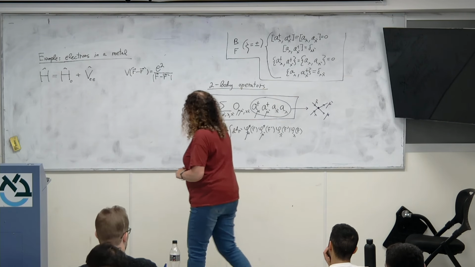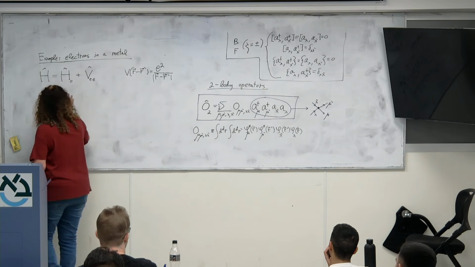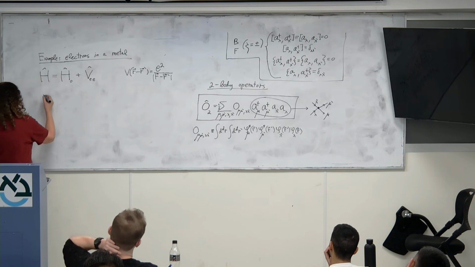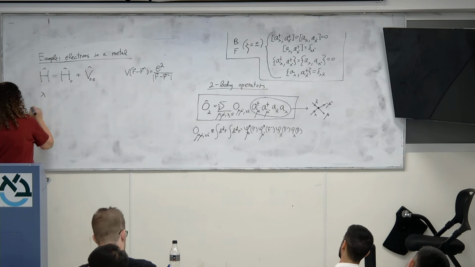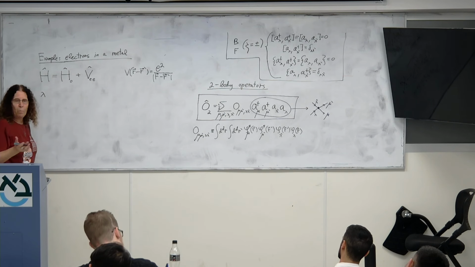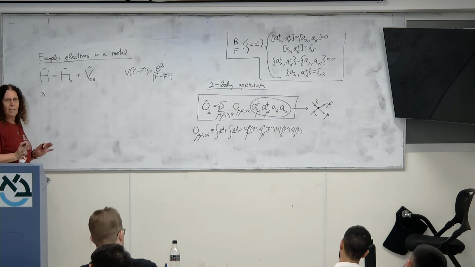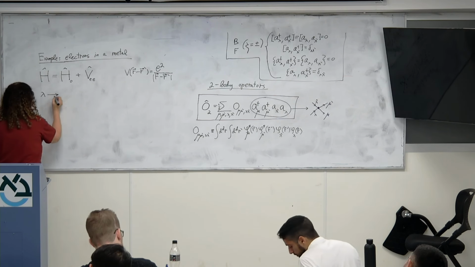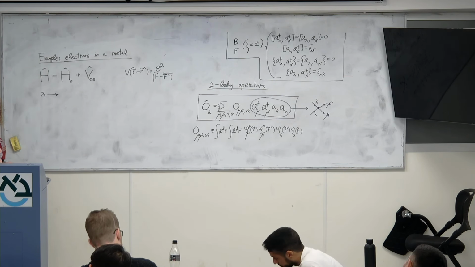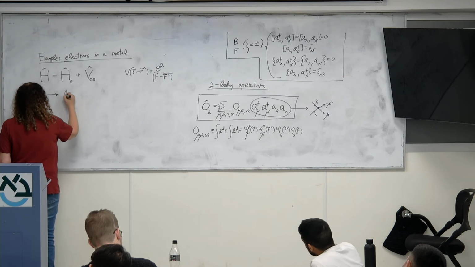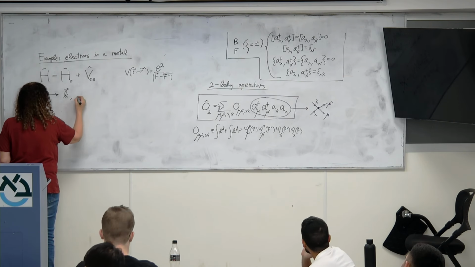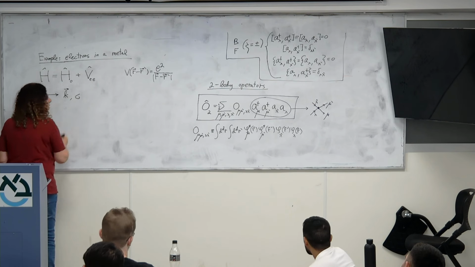But we can immediately write it in second quantization because, first of all, H naught is a one-body operator, right? It's just the total kinetic energy. Now, our quantum numbers lambda, what are they for electrons? They are k and spin sigma.